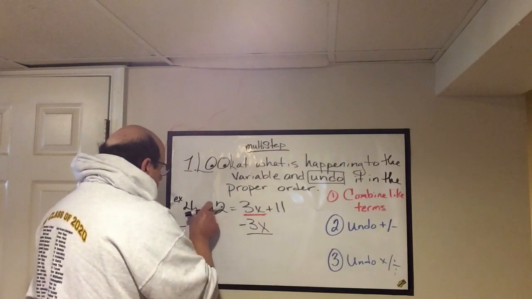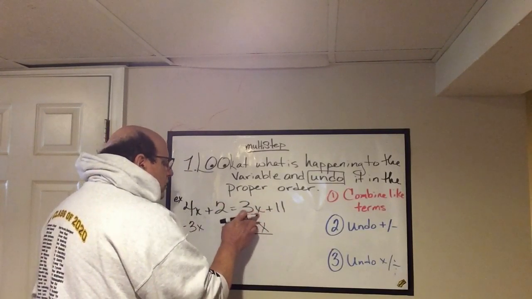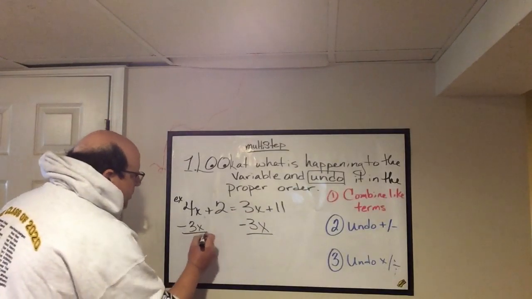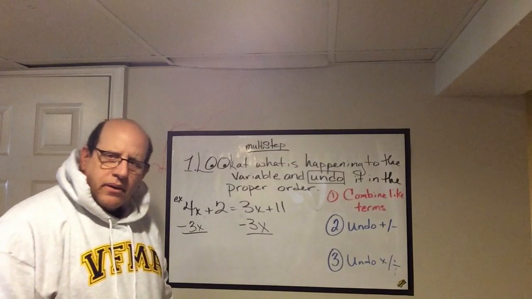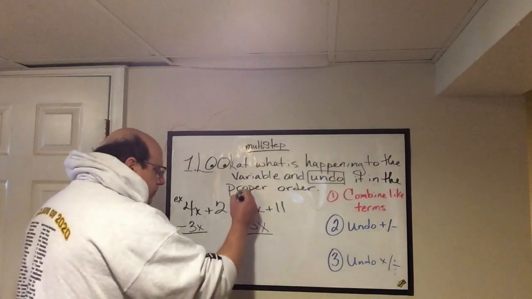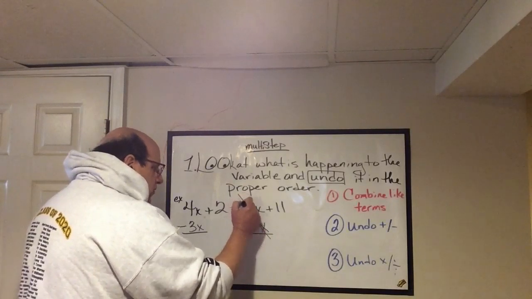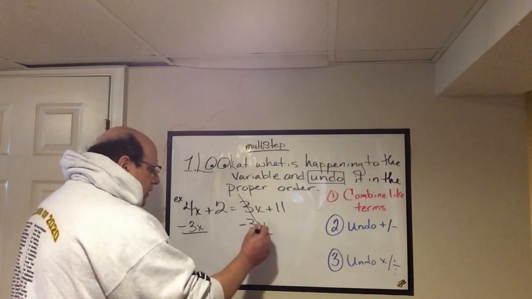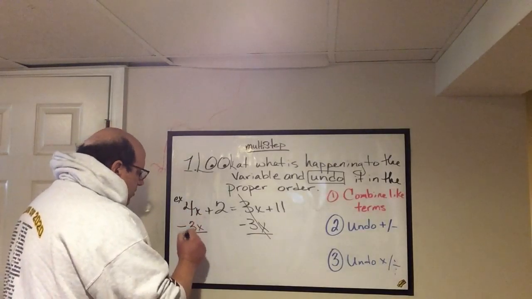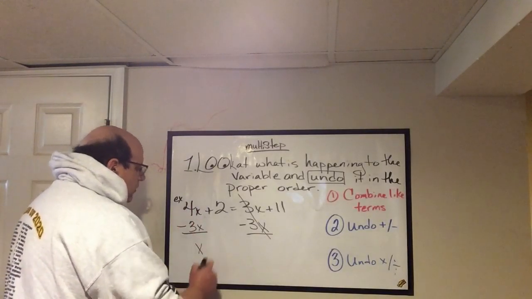I'm going to get rid of this red underline because it looks eerily like a division symbol. So I'm going to just do it like this, and I'm going to do my vertical math because horizontal math is so darn confusing. Plus 3x minus 3x, that gives me nothing, right? 4x minus 3x gives me one lonely little x.